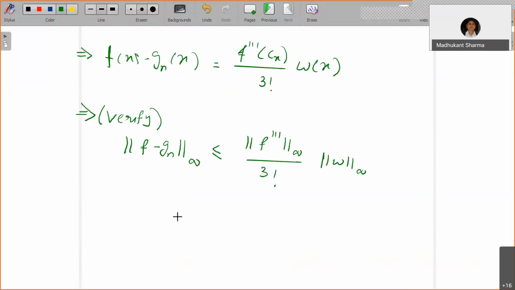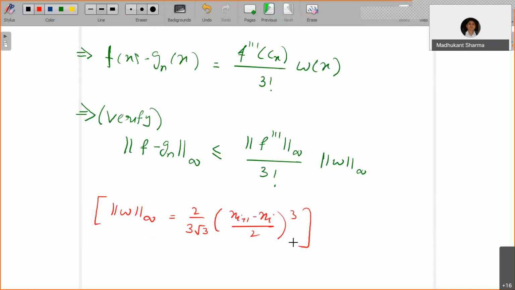We have also seen, when dealing with the quadratic interpolating polynomial error term with equispaced data, that in that lecture we showed the infinity norm of w over this interval is given by 2 by 3 root 3 times (xi plus 1 minus xi by 2) cubed.